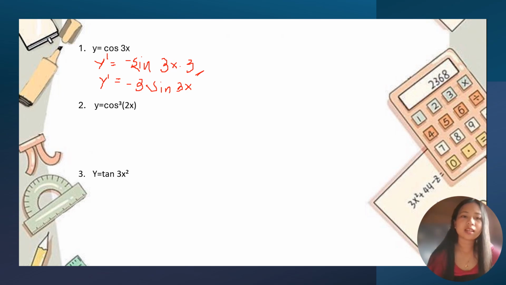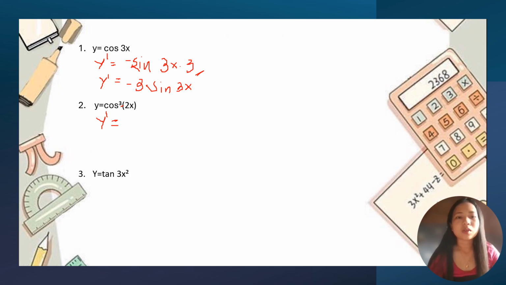Next is another example: y is equal to cosine cubed 2x. We get y prime is equal to, because we have this exponent 3, the exponent will become the coefficient.